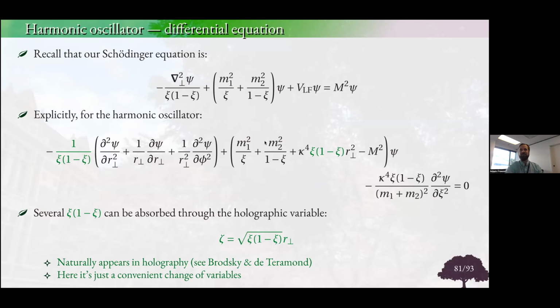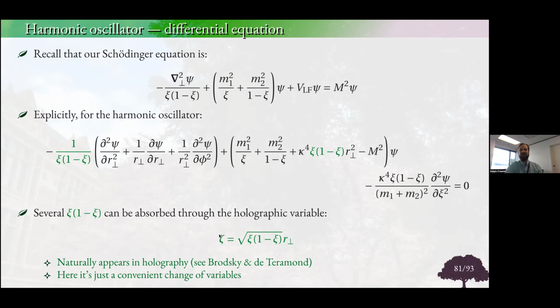It's a little bit long looking, but there is one nice simplification we can make right away, which is that some of these xi times 1 minus xi can be absorbed through what's called the holographic variable. You'll notice that the first one in green in this equation always appears with an r perp, and this other one that's green here appears with an r perp squared as well.